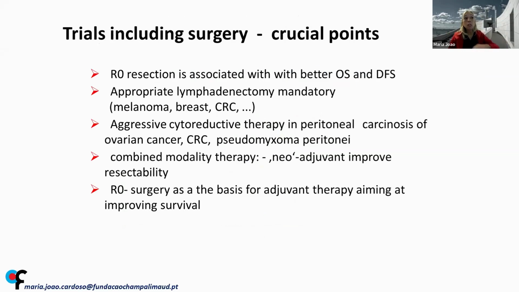Of course, if we look at the trials, even in multimodality trials, when we have a multimodality trial that we want to evaluate and our outcome is overall survival or disease-free survival, if we have too many R1 resections, this is not going to work because surgery is working badly.